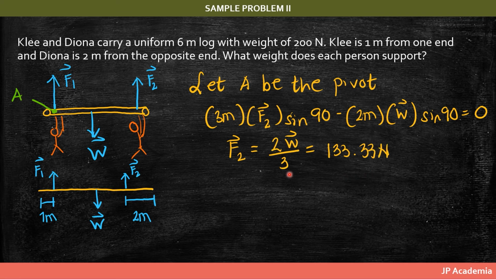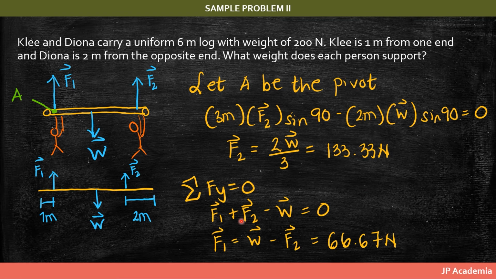Therefore, we can easily solve for F2, given that we know the weight of our log, which is 200 newtons, and therefore the value of F2 is equal to 133.33 newtons. So next, let's try to get the summation of the forces along the vertical, and this is equal to 0, following the first condition of equilibrium.